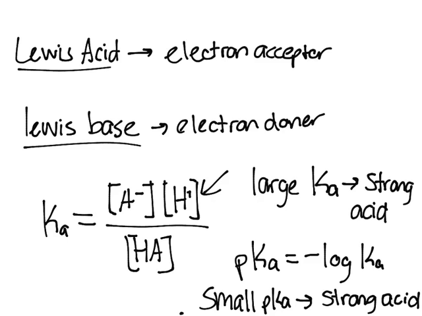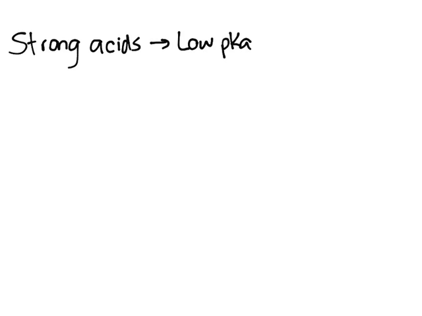And so let's do an example and summarize it up. So overall, strong acids have low pKa's and high Ka values. Strong acids also have weak conjugate bases.